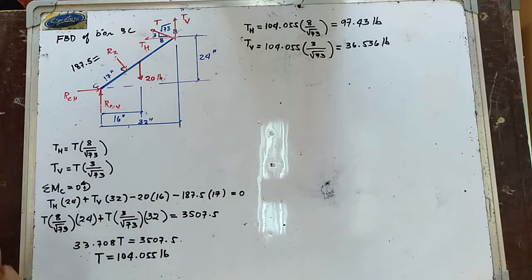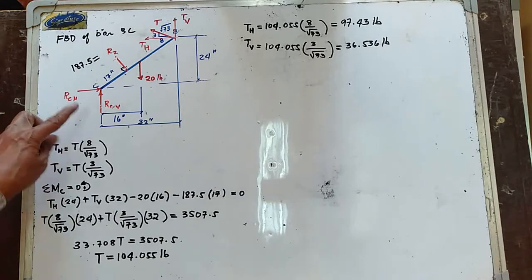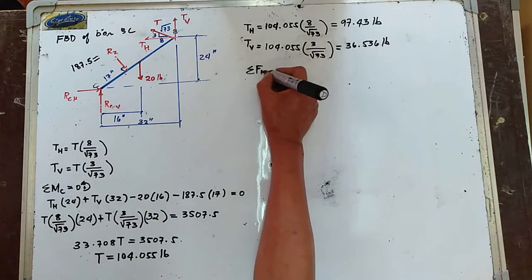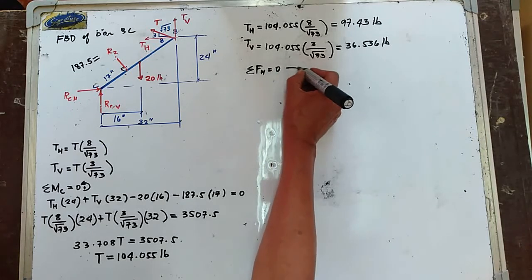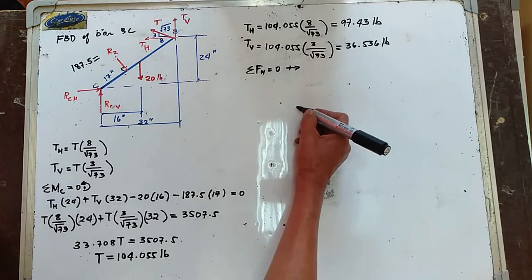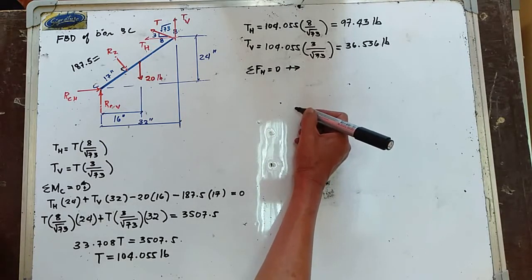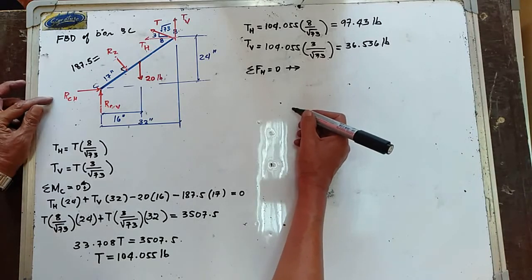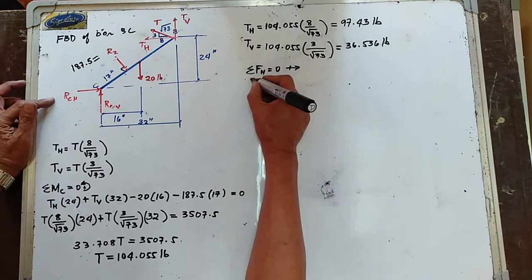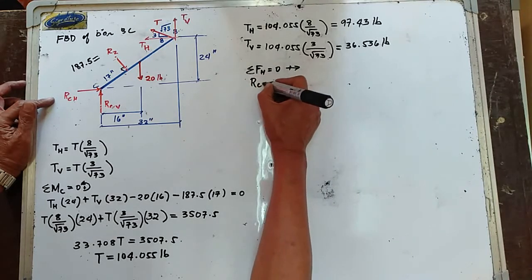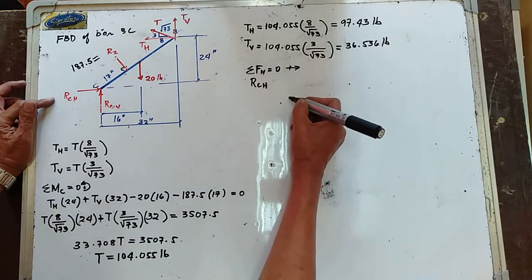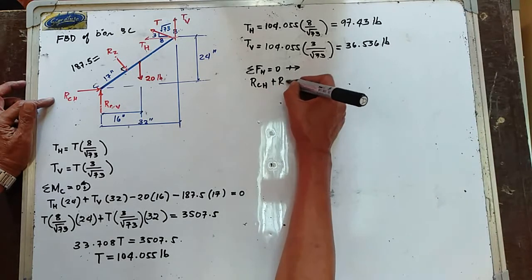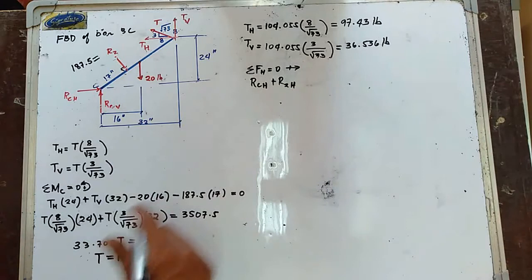Okay, so let us now take, from this figure, summation of forces horizontal equal to 0. To the right, forces are positive. So we have your RC horizontal, plus your R2 horizontal again.